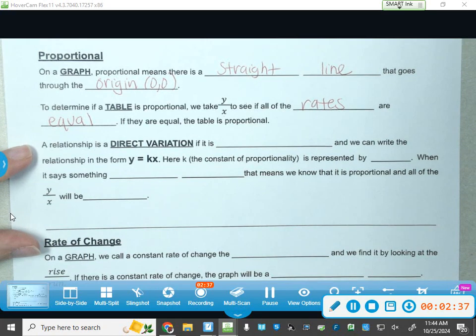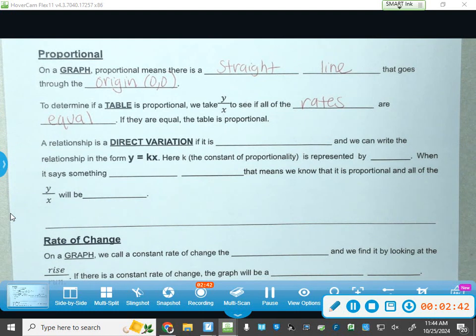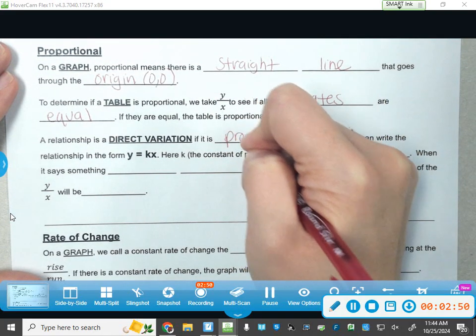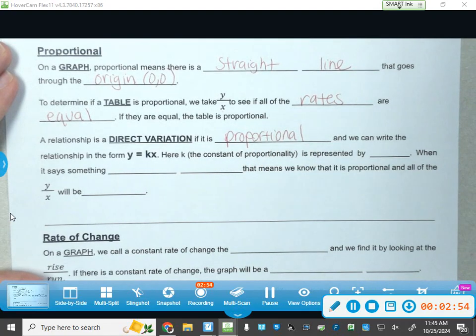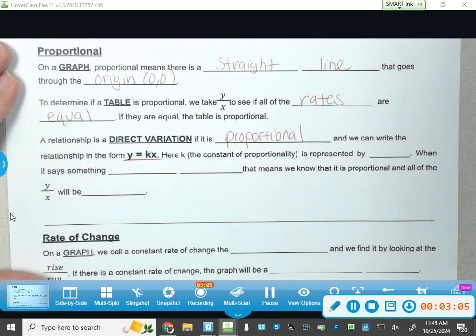Yesterday we said a direct variation means it is proportional. Very good, thank you. A relationship is a direct variation if it is proportional. And we can write the relationship then in the form y equals kx. So this is the direct variation equation we were using yesterday.